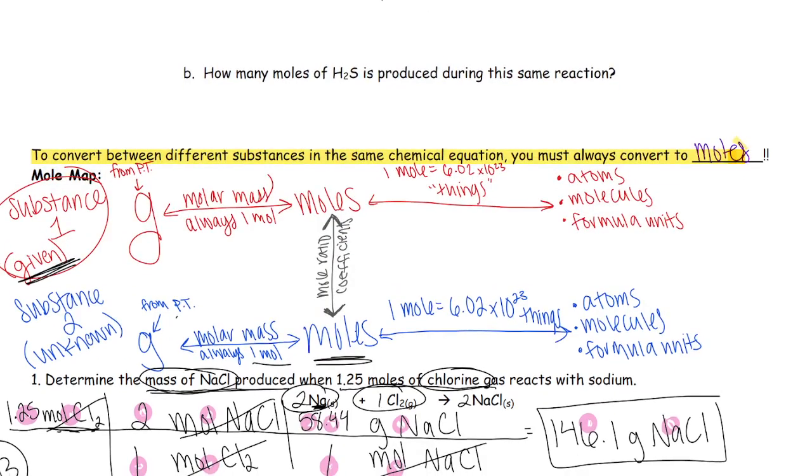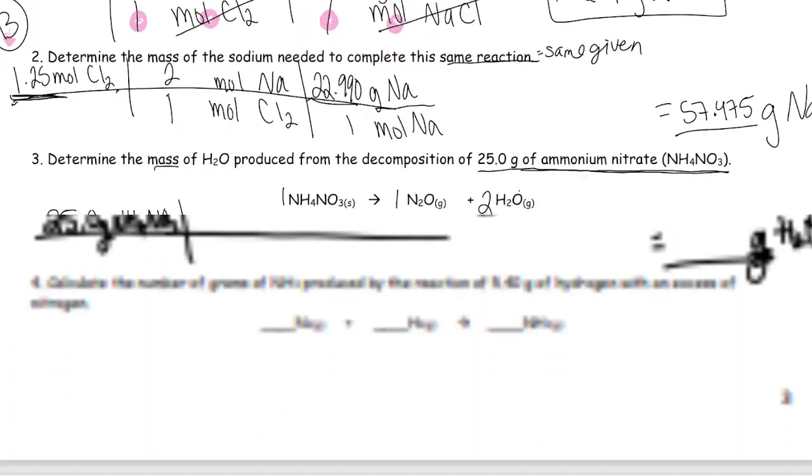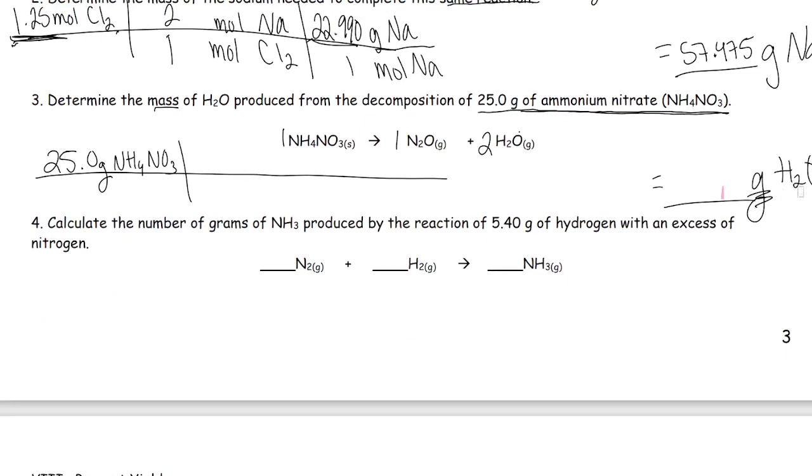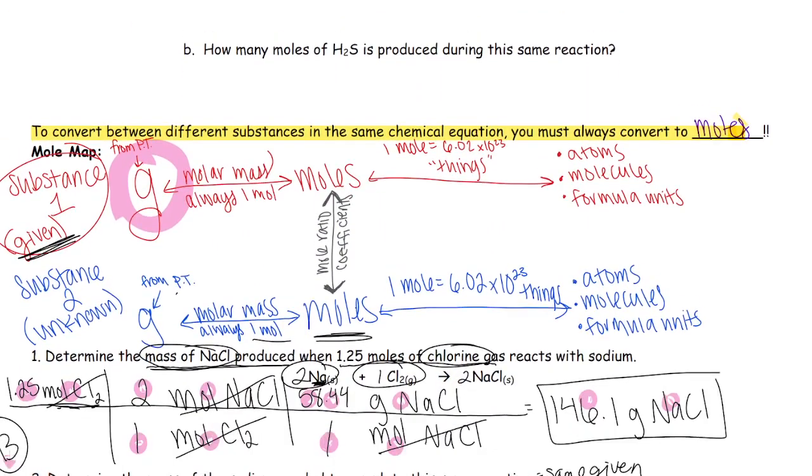That means NH4NO3 is my given substance, and I'm starting in grams of it. So I am starting right here. The question is asking me for grams of H2O, which is a different substance. It is not the same substance that I'm talking about. So I'm trying to go from grams of NH4NO3 into grams of H2O.